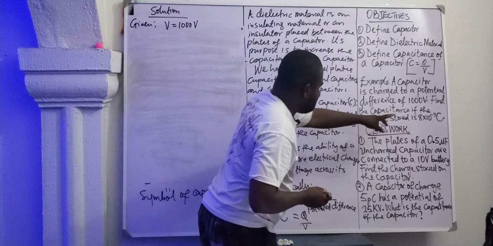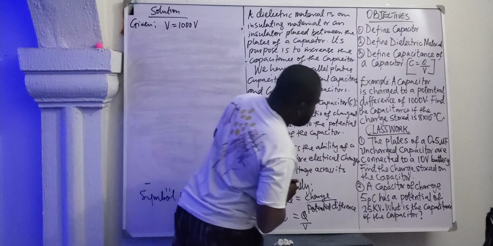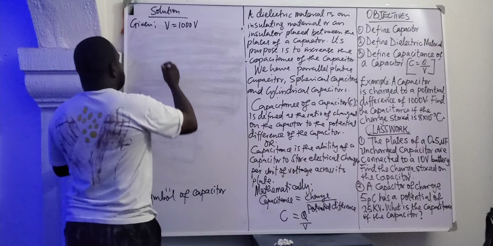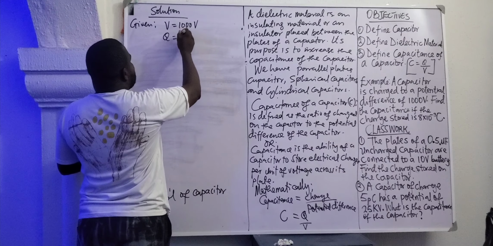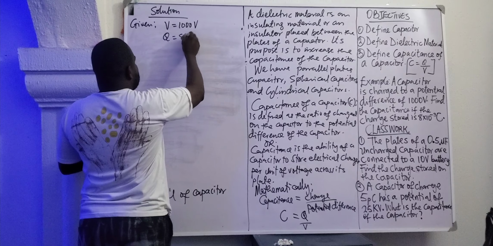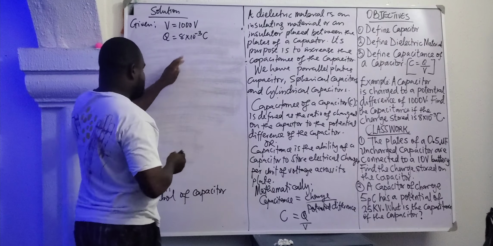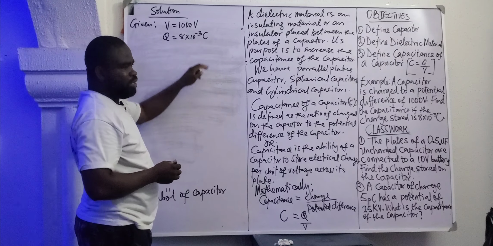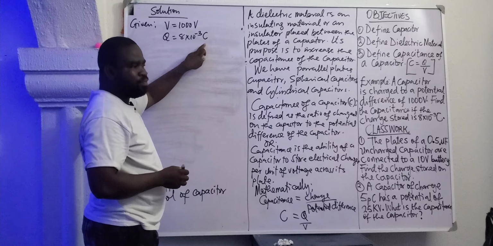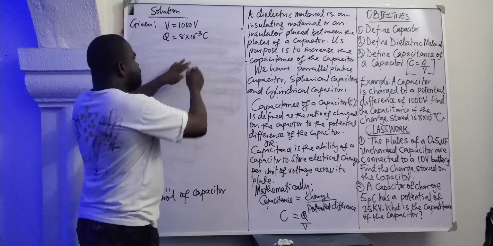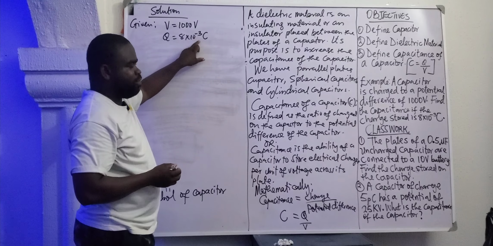Then we are given that the charge on the capacitor is 8 times 10 raised to the power of minus 3 coulomb. Q is given as 8 times 10 raised to the power of minus what? 3 coulomb. Now, this 8 times 10 raised to the power of minus 3 coulomb could have been given as what? 8 millicoulomb. So to remove the milli, you will multiply by 10 raised to the power of minus 3.